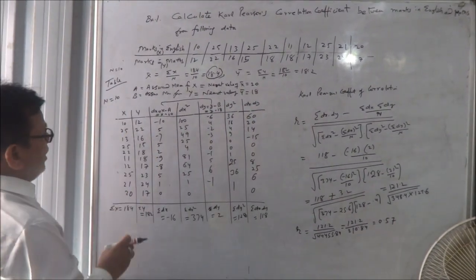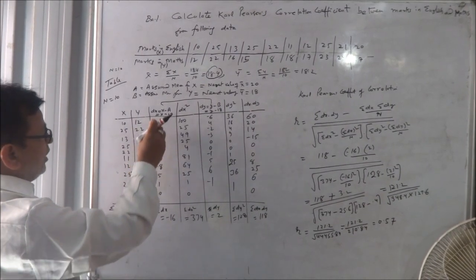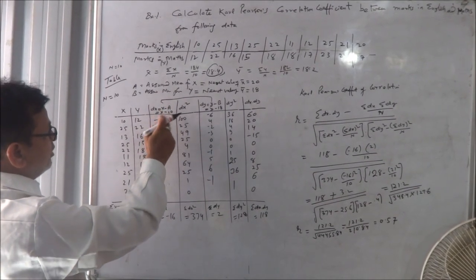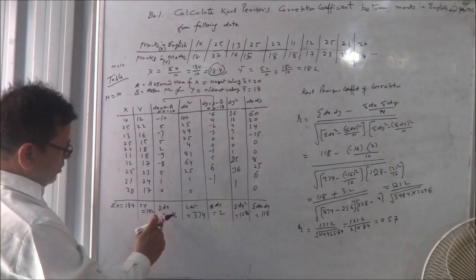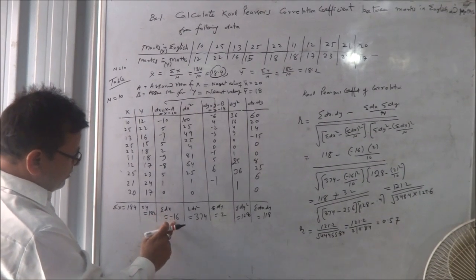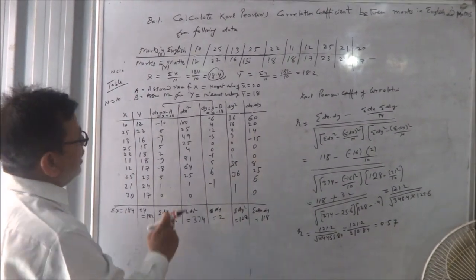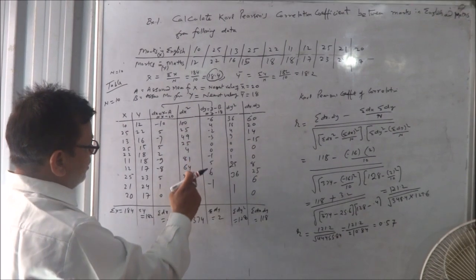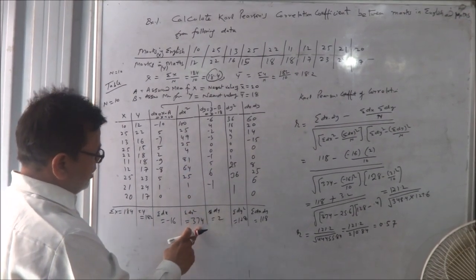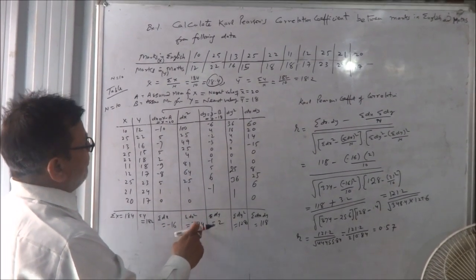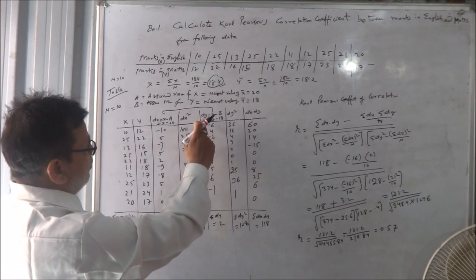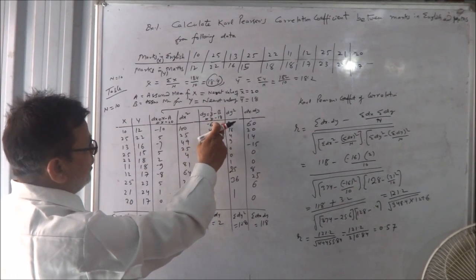So these are the values of x, these are the values of y, this is dx, x minus a, and the total of dx is minus 16. Similarly, I have calculated all the dx squares, and their total is 374. Then again I have found dy, y minus 18.